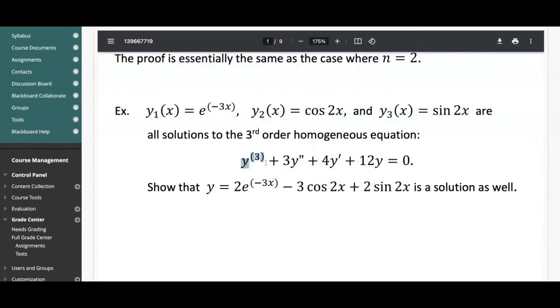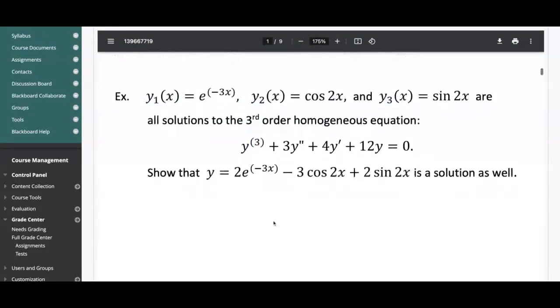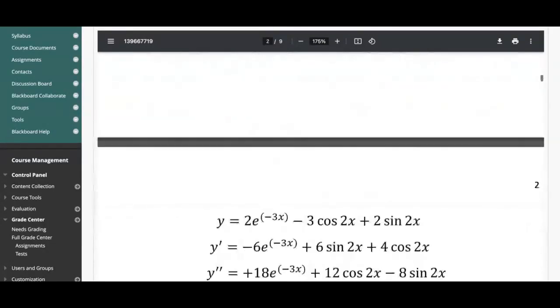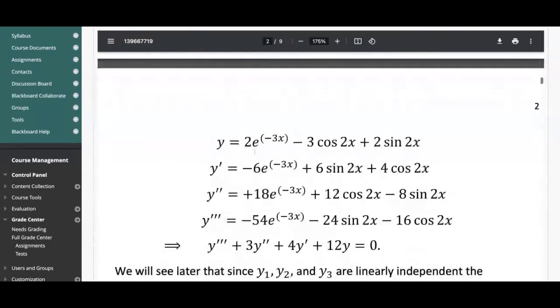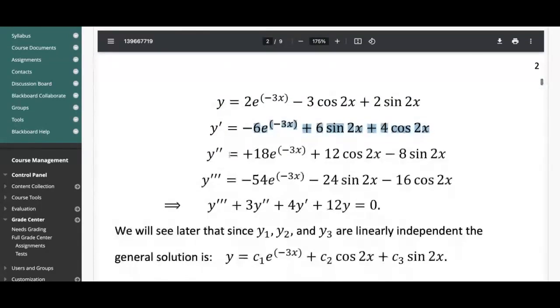Sometimes we use y triple prime to indicate the third level derivative of y, or just a y with 3 raised in open and close parentheses to indicate this is the third level derivative of y. This is the first level derivative, y prime.